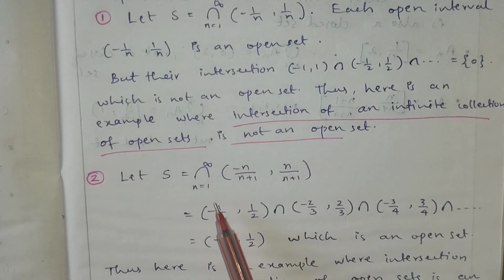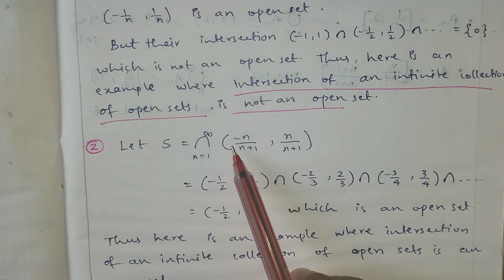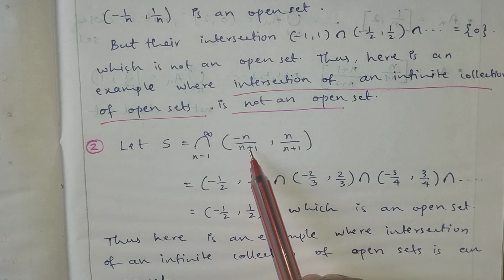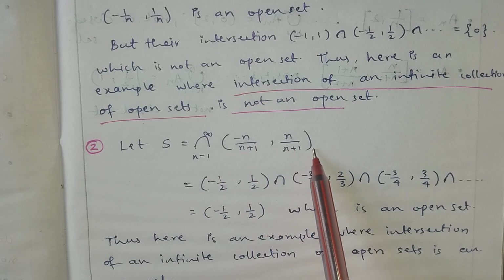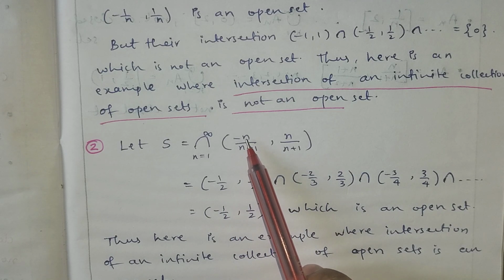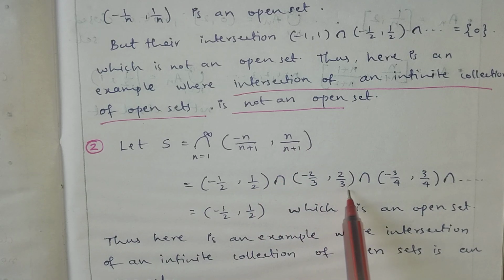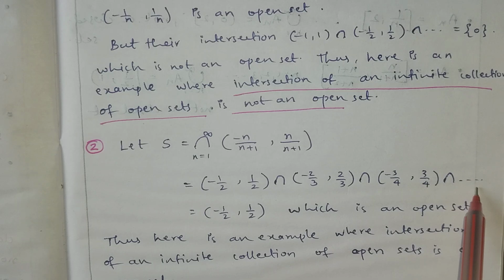Now consider another example. Let A equal the intersection for n equal to 1 to infinity of the open interval (-n/(n+1), n/(n+1)). If you put n equal to 1, you will get (-1/2, 1/2), intersection (-2/3, 2/3), intersection and so on.